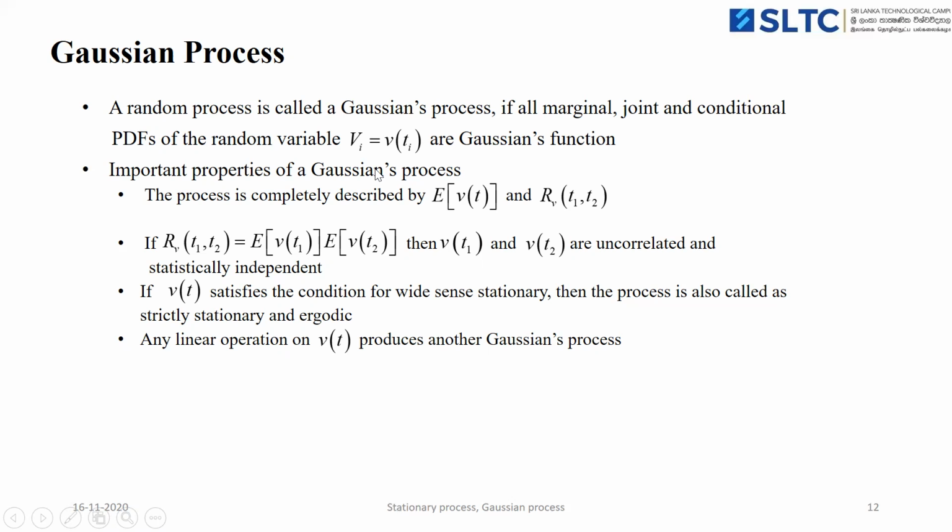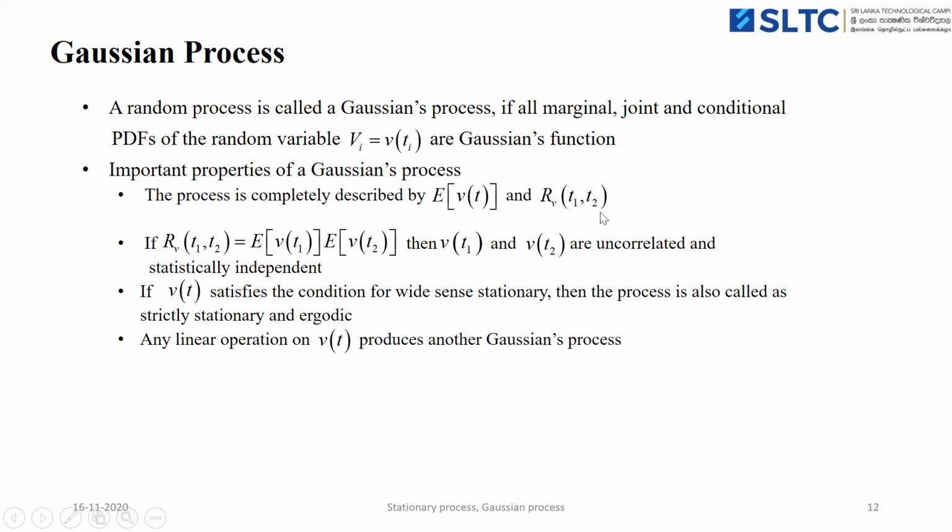Then the important properties of the Gaussian process, it has four properties. The first property is that the process is completely described by the mean and autocorrelation of the random process, that is expectation of v of t and R_v of t1, t2.